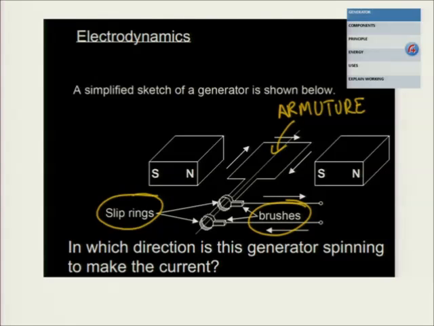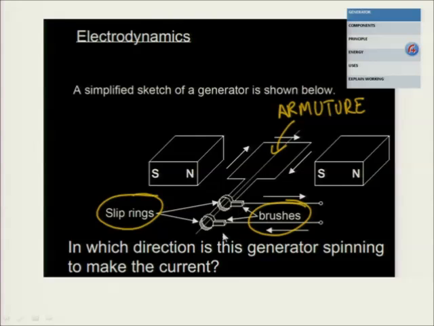So if you look at this drawing of a simplified generator, again you will see the first change: there is no external electricity supplied through the external circuit. All right, so in this case we have the same components. There's my magnet, there's my armature with the windings that's going to be turned by me manually.